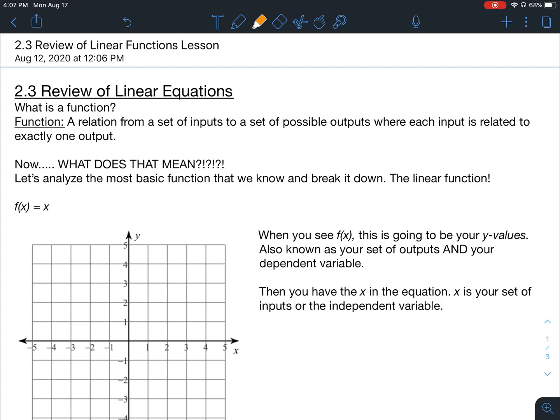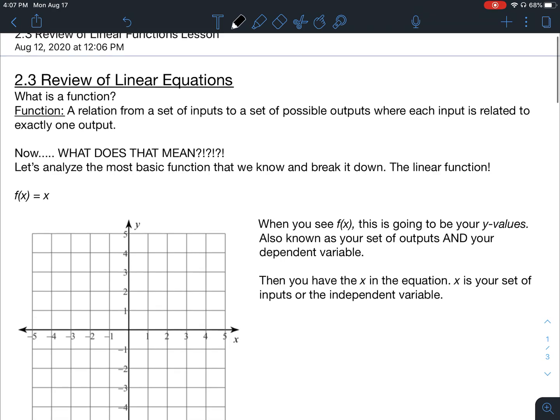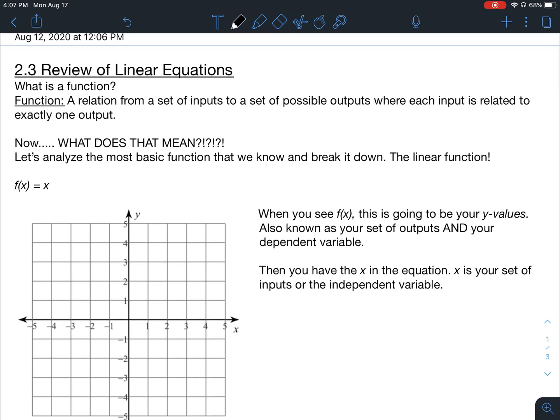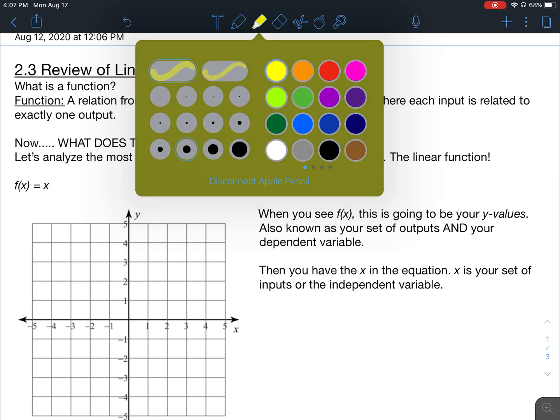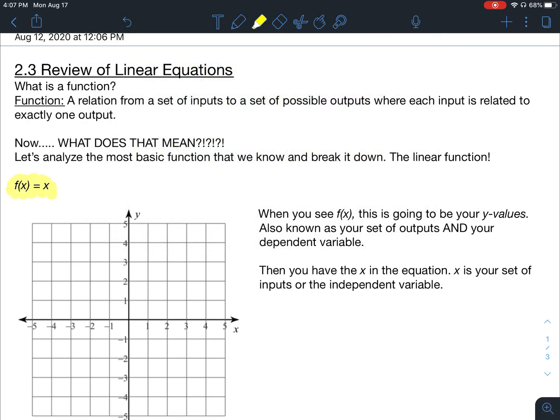And before we get into breaking that down, I just want to point out the most basic function that we know of is the linear function. That's why we're going to review it. And so right here, I have just the parent function of our linear equation. That is a parent function.